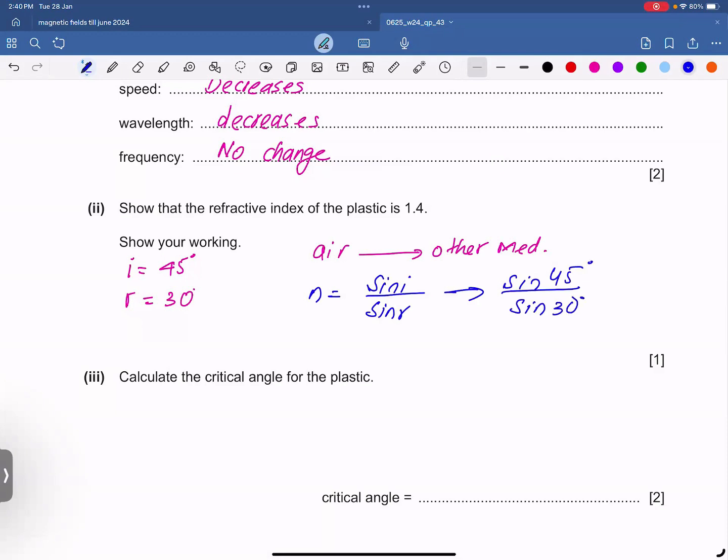Let's calculate it. Sine 45 divided by sine 30.